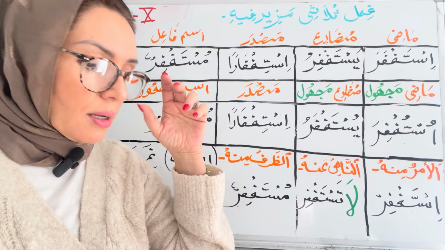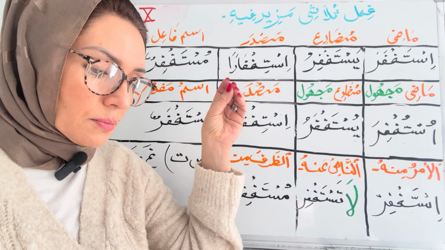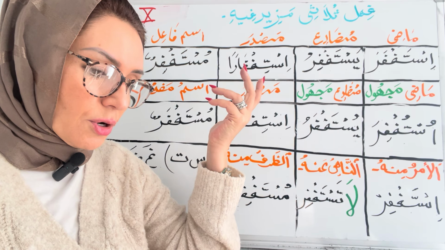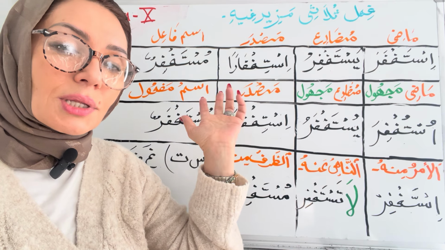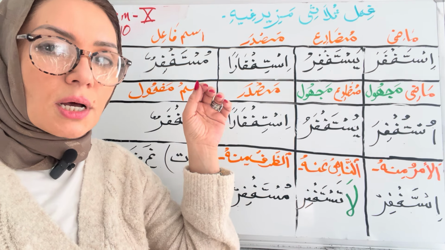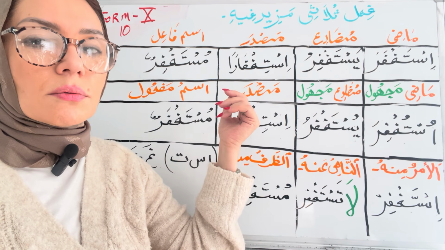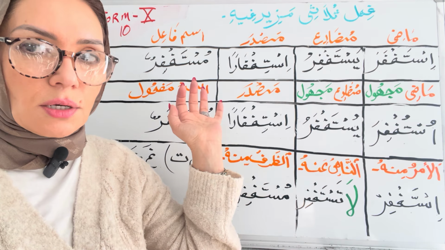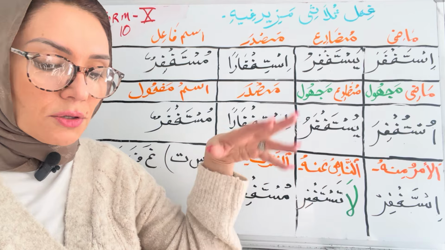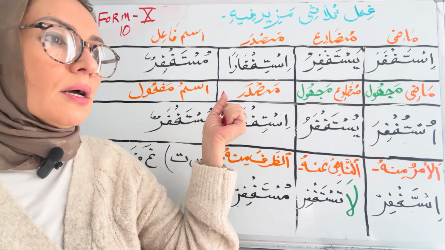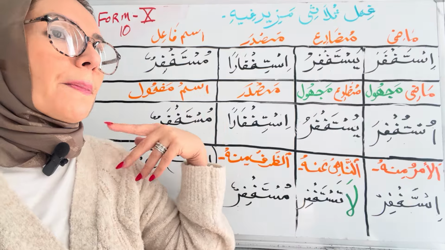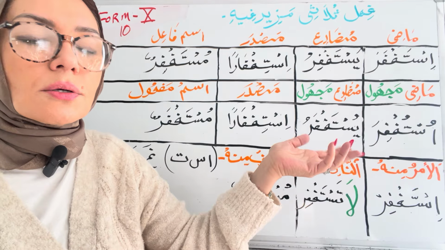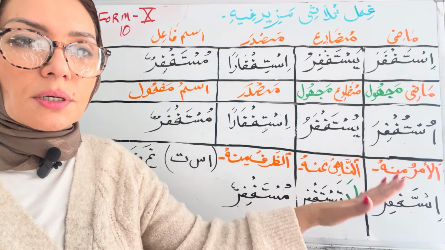But if you have verbs which start with a wow or a ya, or end with a ya, wow, or hamza, then in these forms they change a little bit. So let's not work on those. But any other basic verb, like ja'ala or kataba or karima, you should be able to conjugate fully on all of these forms, inshallah.